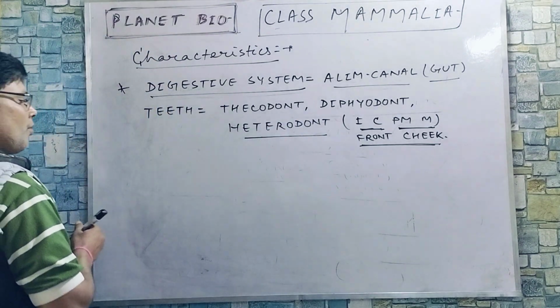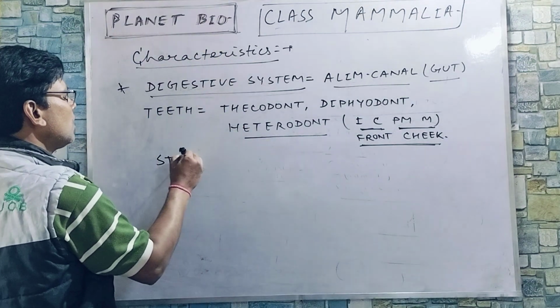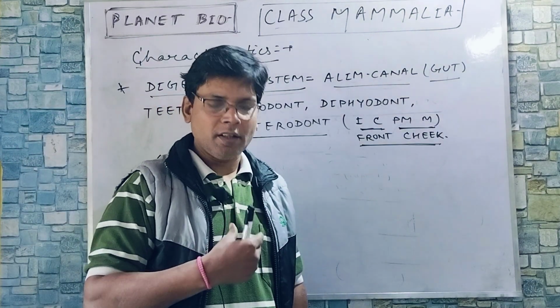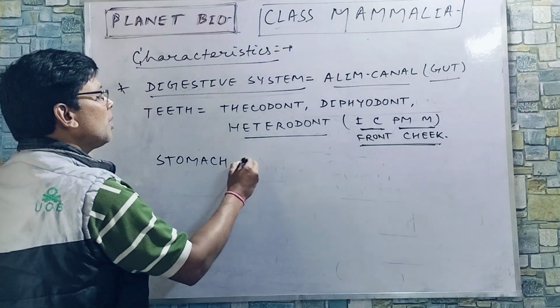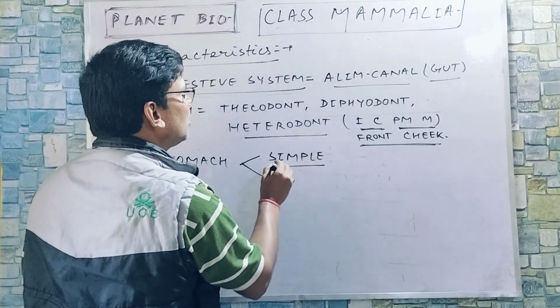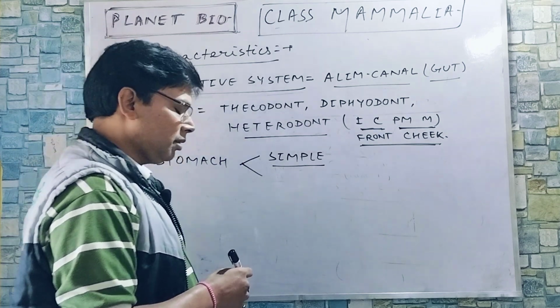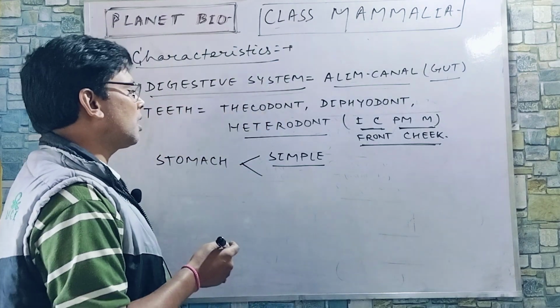Now you can see after the mouth cavity, esophagus is there, then stomach, small intestine, large intestine, anus. The stomach may be a simple stomach, as we have, and in a simple stomach you can say cardiac, fundic and pyloric sections are there.